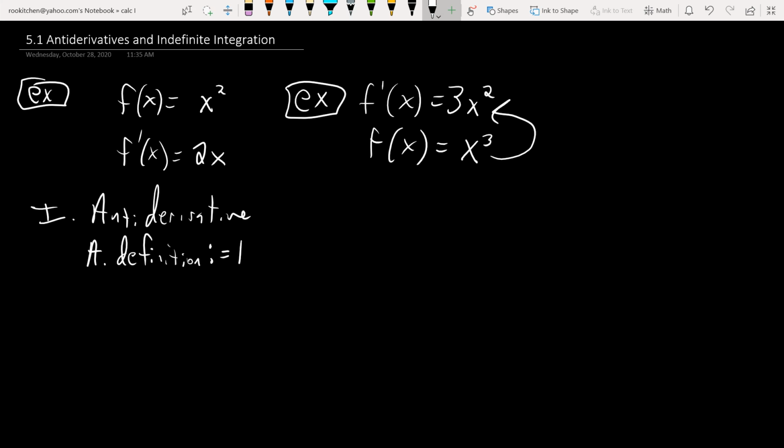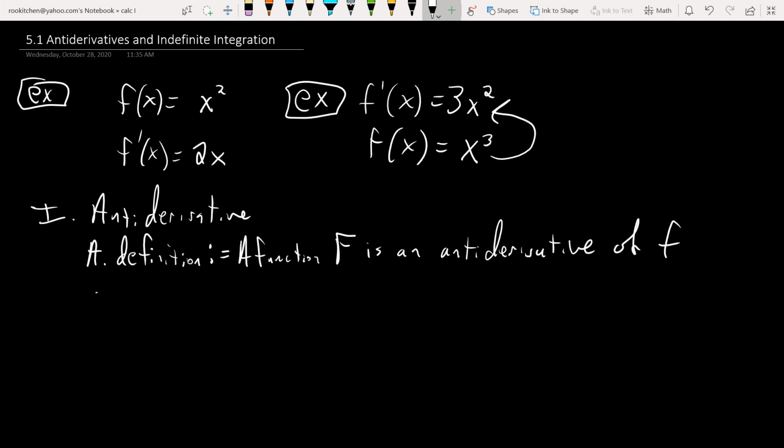So the definition: a function big F is an antiderivative of little f on an interval I (the book is just saying an interval) when the derivative of big F is actually equal to little f for all x on this interval.